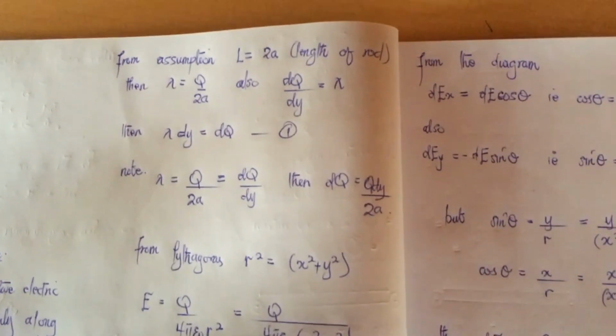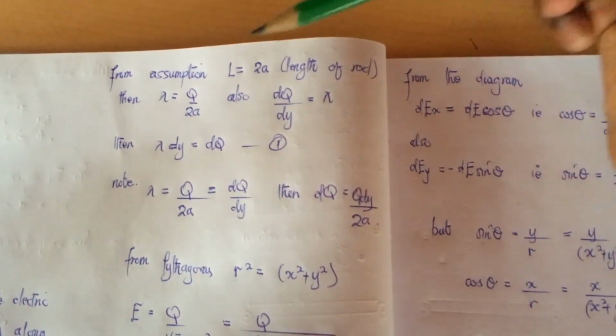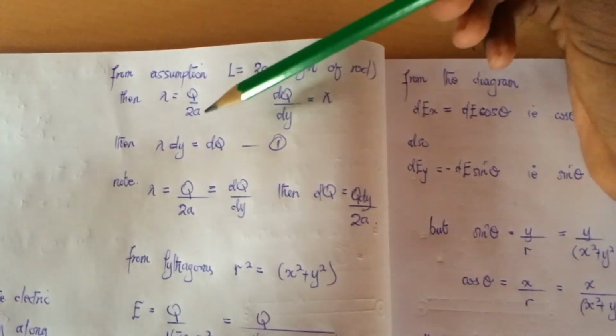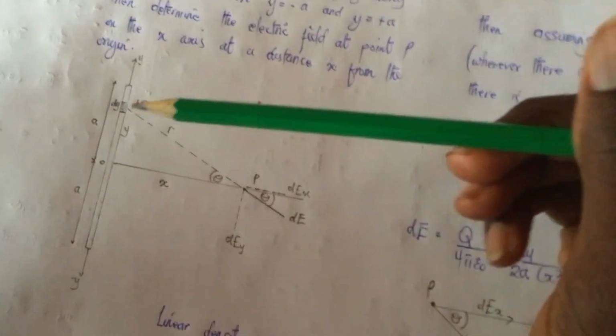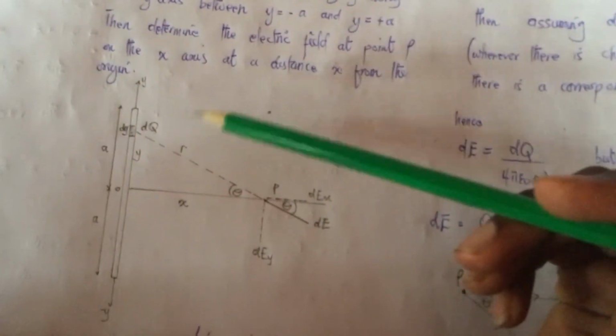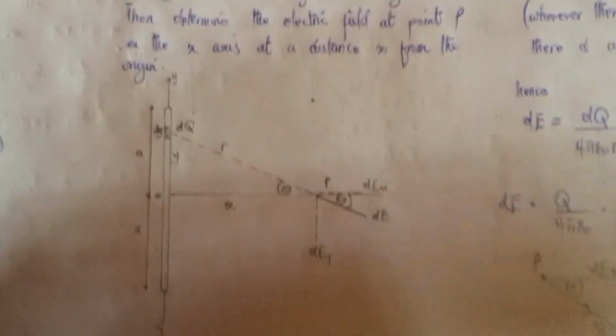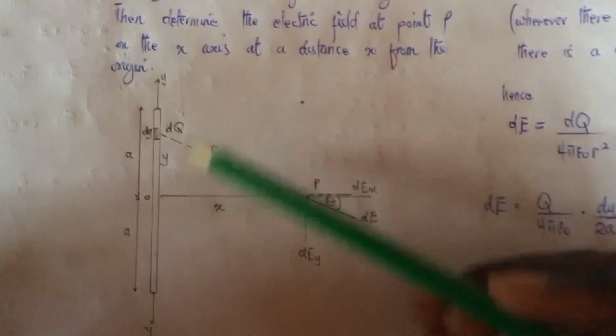From our assumption, whenever we see L, we are going to substitute it with 2a. But also, per our diagram, the linear density is equal to the change in charge over the change in length, which is dy.